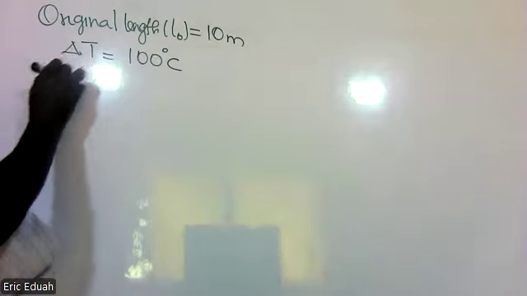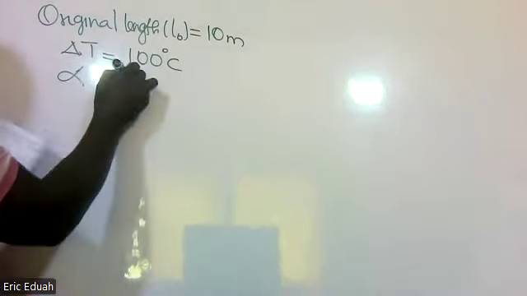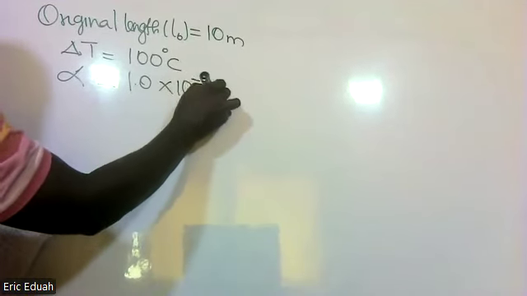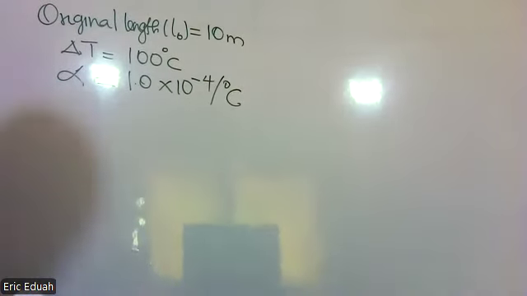If the coefficient of linear expansion of iron is, so we are given the linear expansivity of iron to be 1.0 times 10 to the power -4 per degree Celsius. We have to calculate the increase in length of the bar.